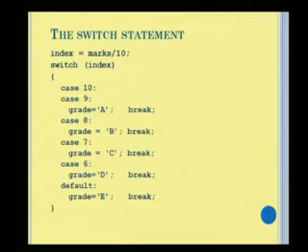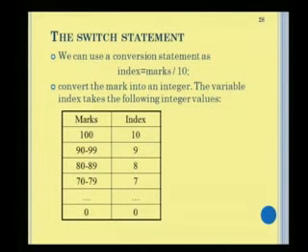See, in the program, index equals marks divided by 10. If your marks divided by 10 is checked, we can copy the value in index, then switch index, case 10, case 9, then the grade equals A. We are checking the values, and if we get 10 or 9, then we assign a particular grade.